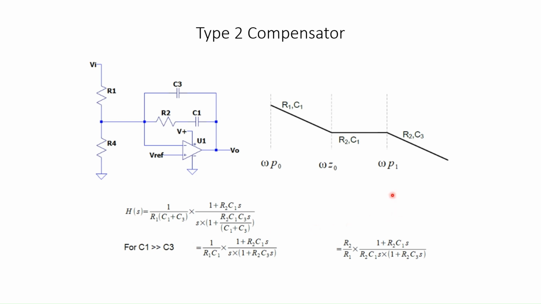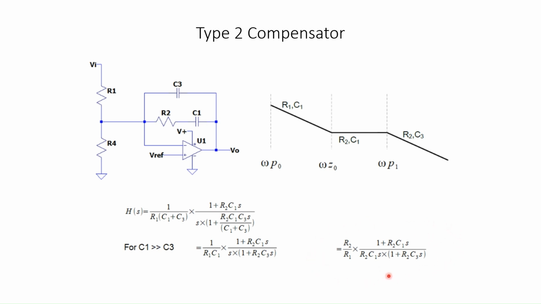This is another popular compensator. It's called type 2 compensator. Again, an implementation using operational amplifier has been shown here. The type 2 compensator simplified transfer function is shown here, where C1 is far greater than C3. When C1 is far greater than C3, this is the transfer function of the type 2 compensator.